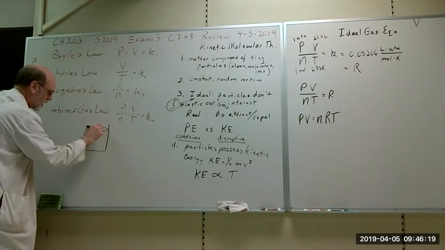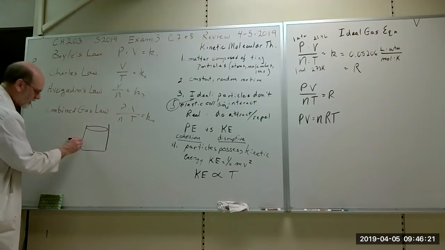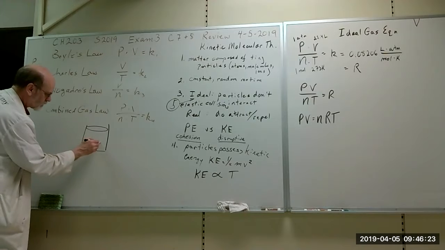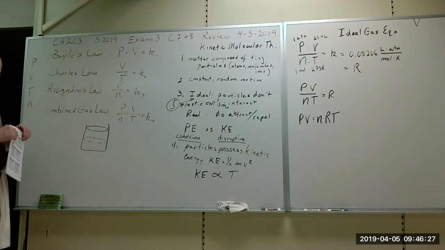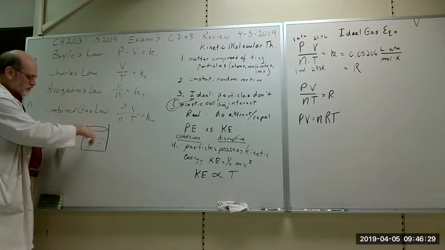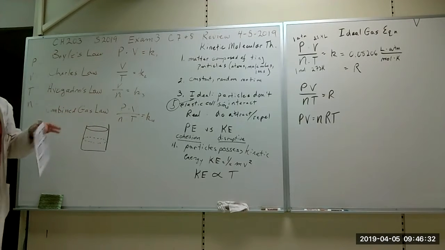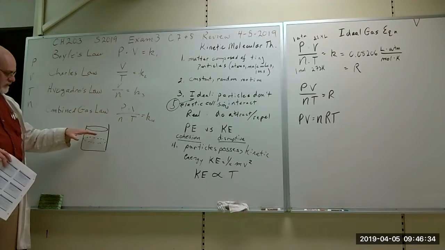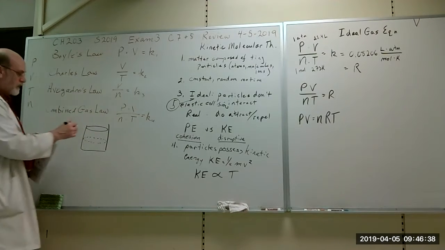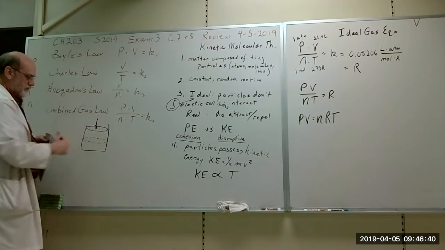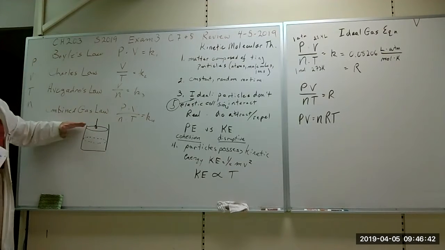Say we start out here, and then we're going to decrease the volume to there. These molecules are in there, bouncing off the walls, and they have come to an equilibrium with the pressure, so that piston stays put.